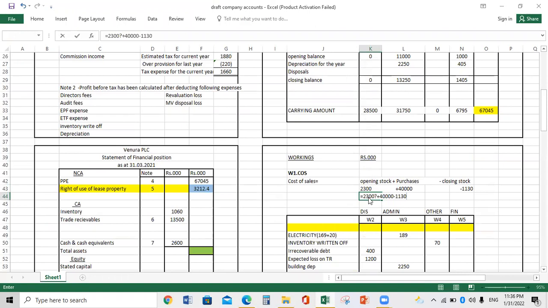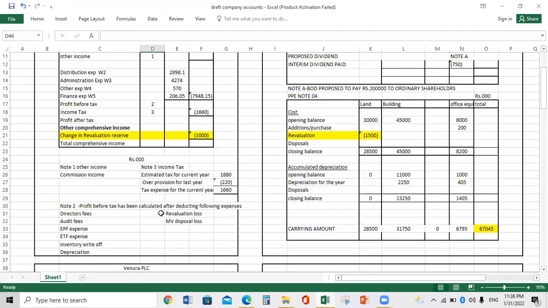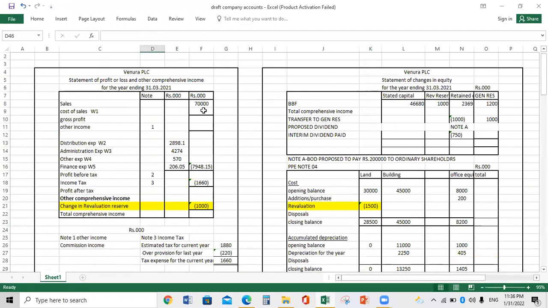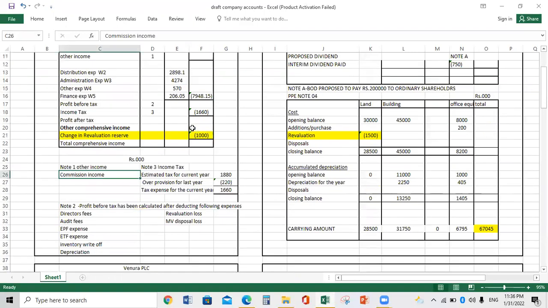So how much do you get? 41,170. Now get the gross profit. 28,830 is the gross profit. There was no other income. Other income is zero.